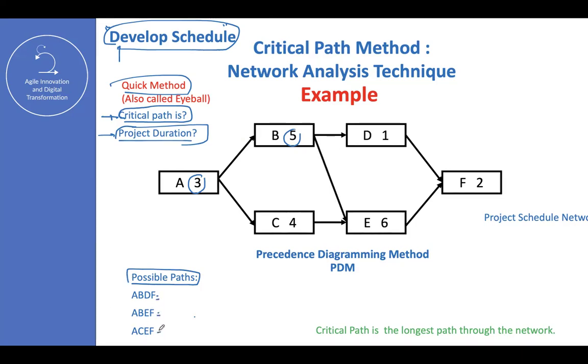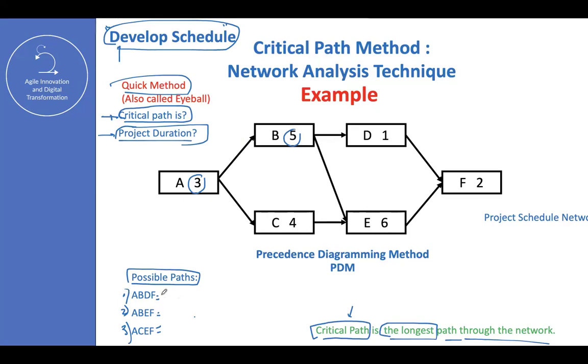So number one, we have 1, 2, 3 different paths. Now we need to identify what is the critical path. The critical path is the longest path through the network, so the longest duration.